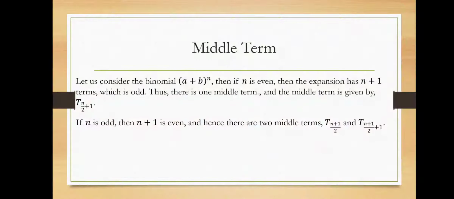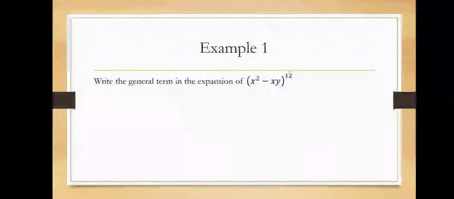So now let us take up a few problems and let us solve. So the first one is: write the general term in the expansion of x square minus xy whole to the power 12. So as we know, what is the general term?